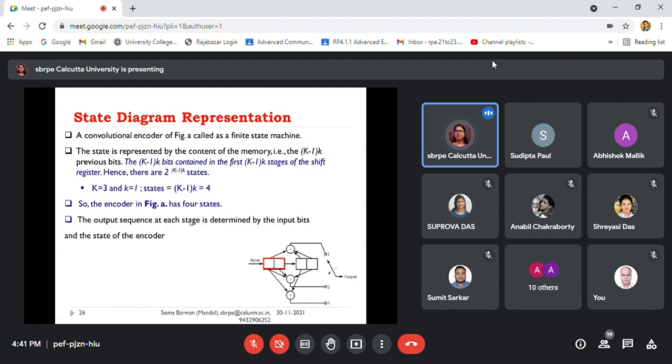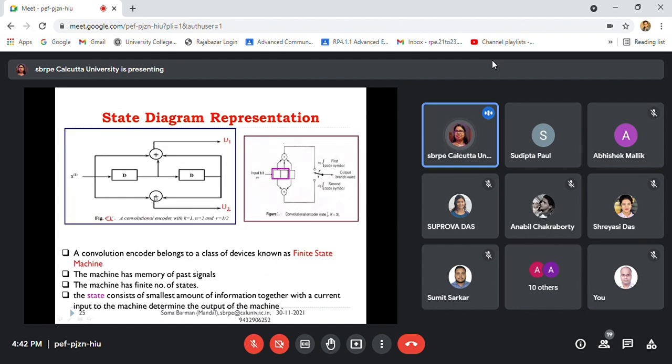If the message contains 2 bits of information, then obviously the shift register memory is 2 stages like that. This is the first stage, this is the second stage. Each memory can hold 2 bits of information. But in our previous case, the memory can hold a single bit of information.